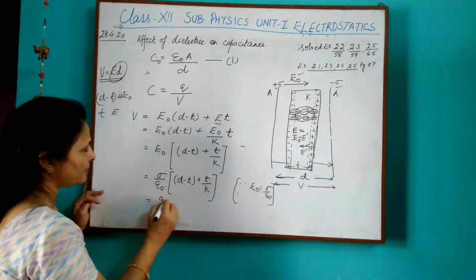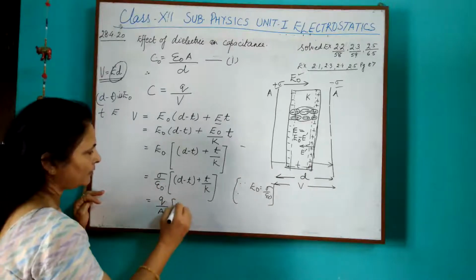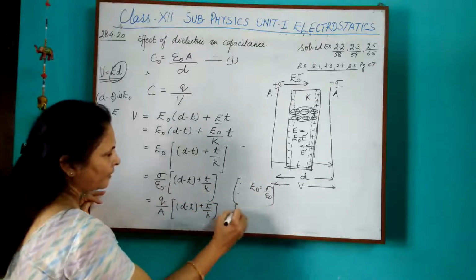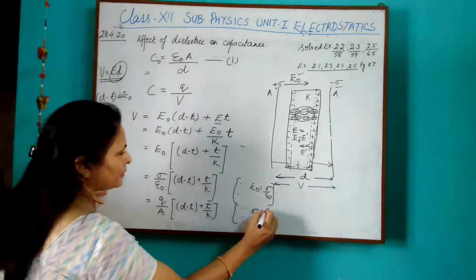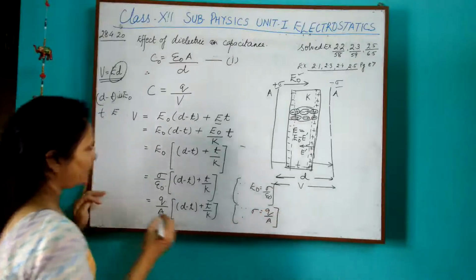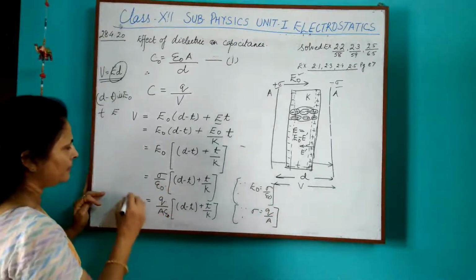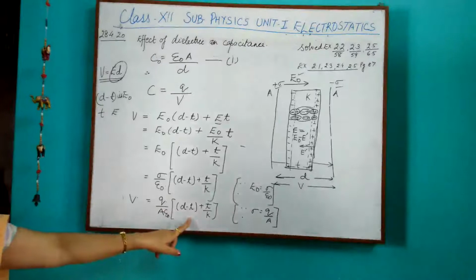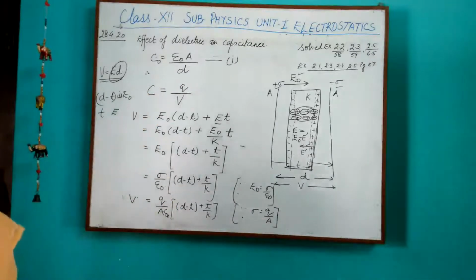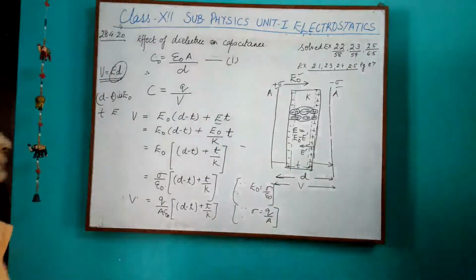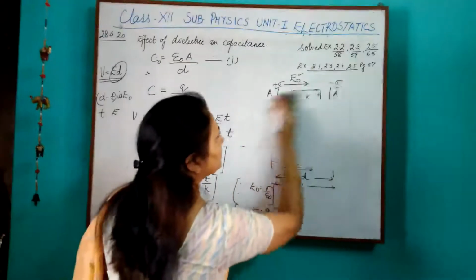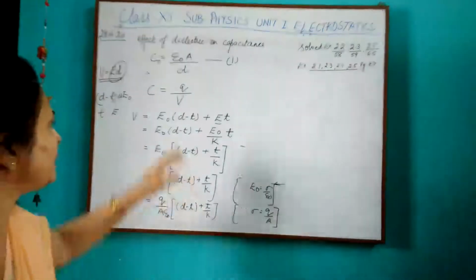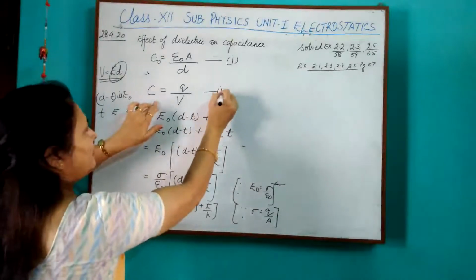Sigma can be further written as Q upon A, as sigma is equal to Q upon A, epsilon naught will still be here. This is my V. Now this V can be substituted in this formula, substitute in equation number 2.